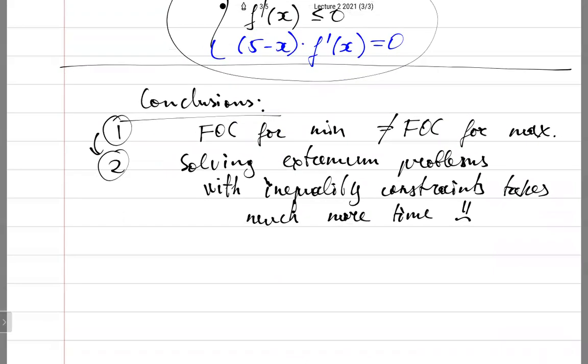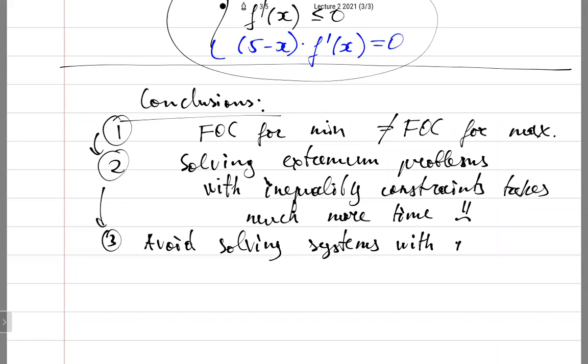So the third conclusion: it's better to avoid solving systems with inequality constraints. You may ask me, how can I avoid?